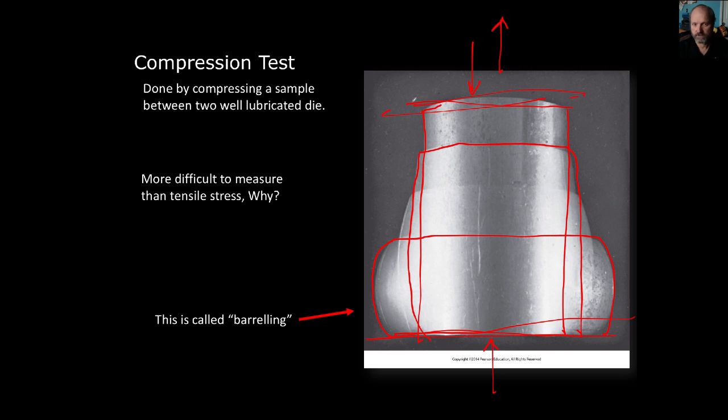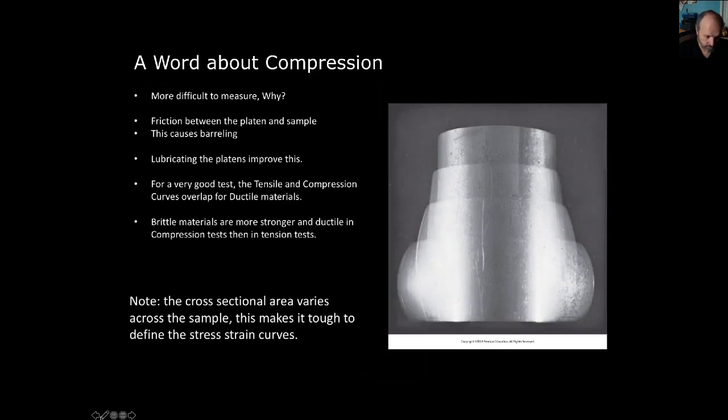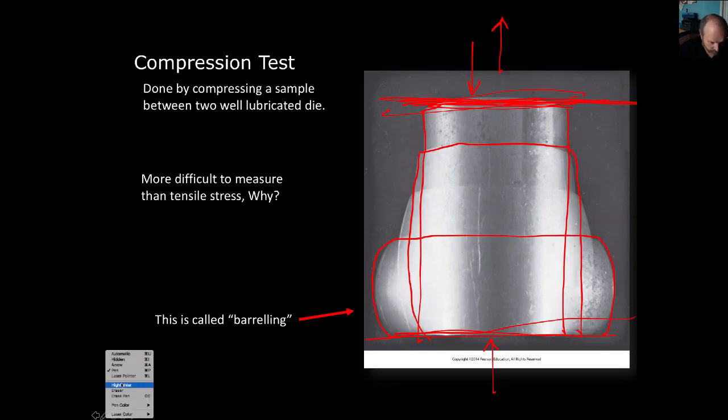My drawing is terrible. Right? There's this platen, this flat plate that's pushing down on your cylinder. Well, you have forces in there. Let me get another color. We'll do blue.